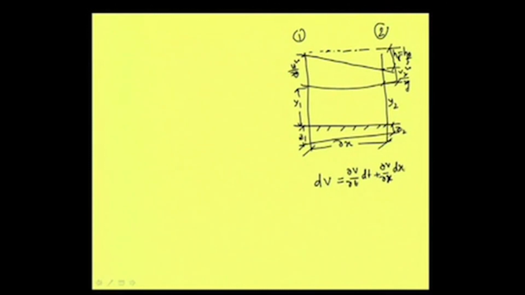If we write dv dt, then we get del v del t plus dx dt into del v del x, and this dx dt is nothing but v.